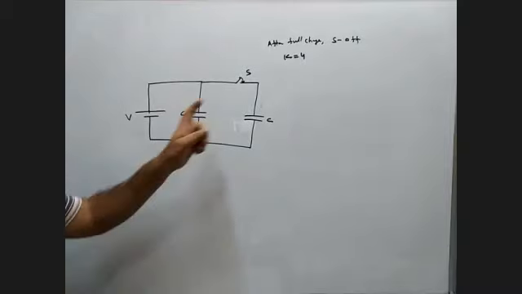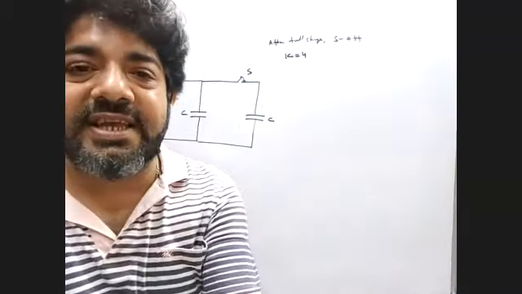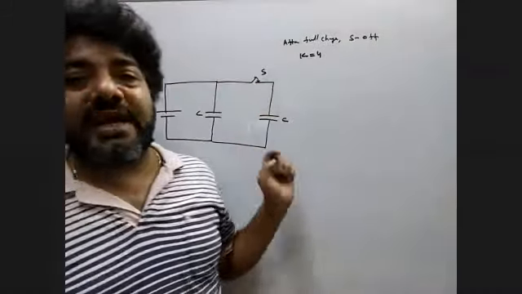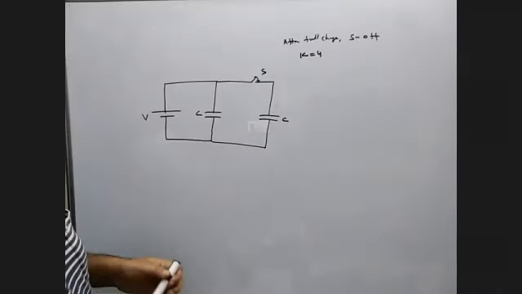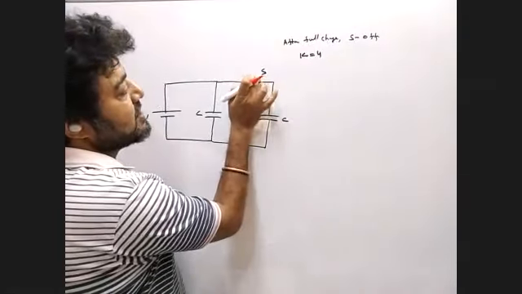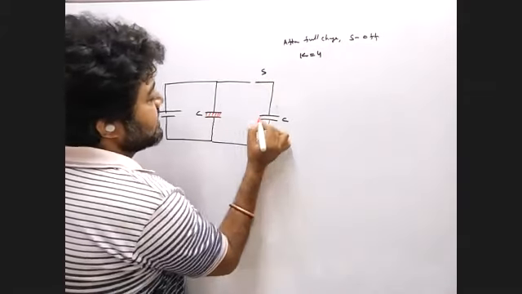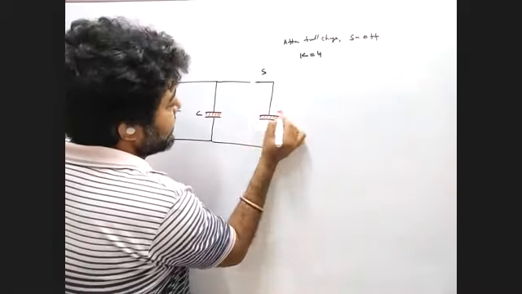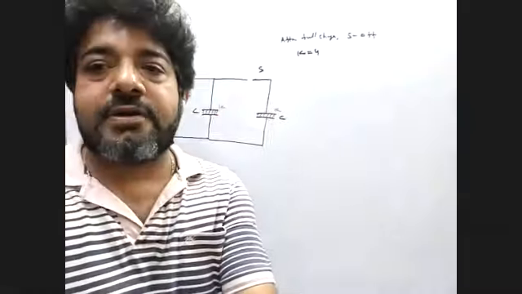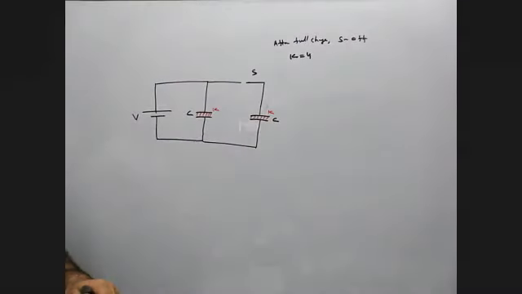K equals 4 is asked in the IIT exam, and just K is asked in the board exam, so they are the same thing. Insert it in both the capacitors, means after the switch is on and you have full charge, you switch it off and insert the dielectric slab in both the capacitors.